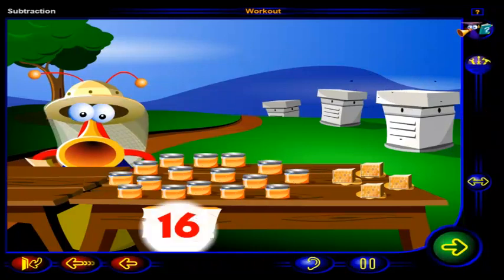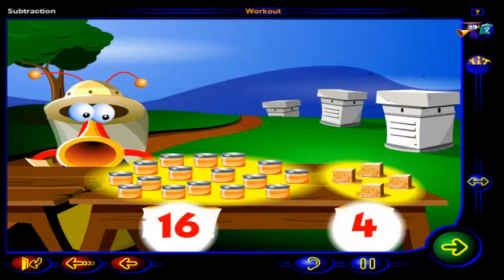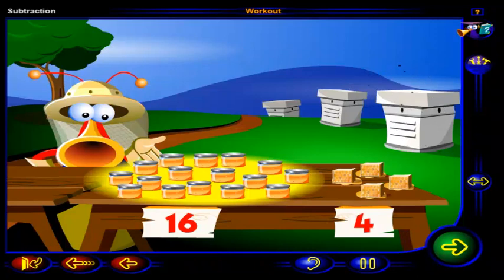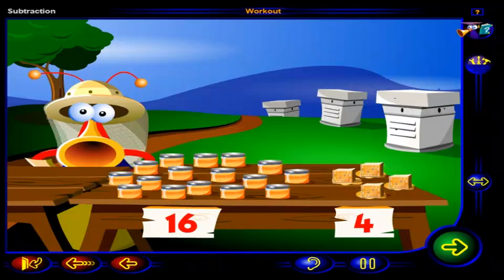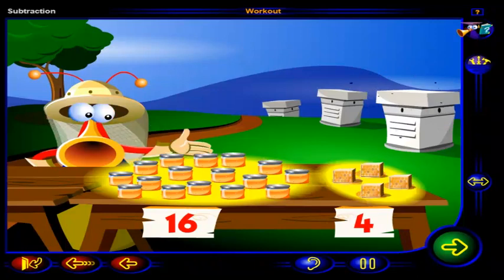There are 16 jars of honey, and there are 4 honeycombs. So there are more jars of honey than there are honeycombs. But how many more jars of honey are there than honeycombs?